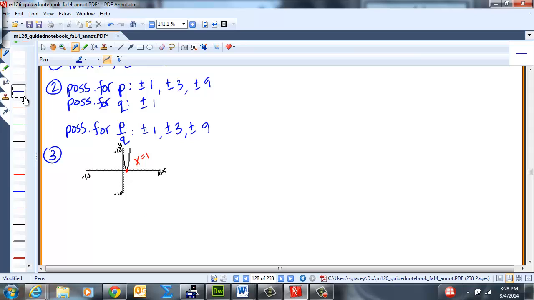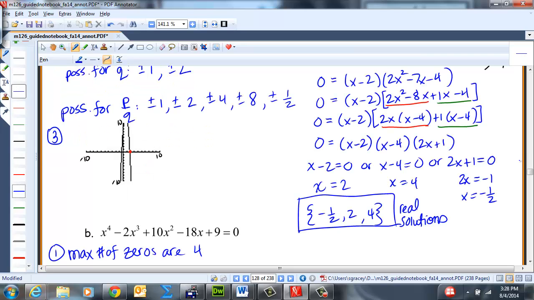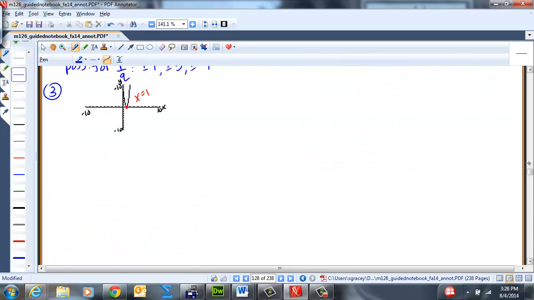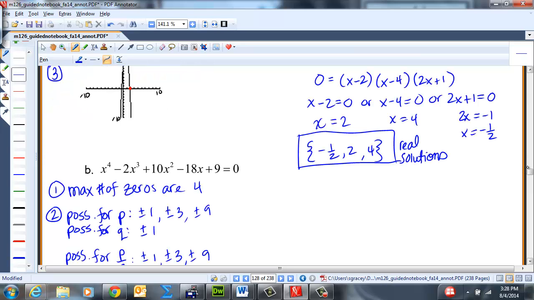So I'll come over to the side here. Oh, it's not cooperating with me today, huh? Here we are. So 1 goes in the box, then we've got 1, negative 2, 10, negative 18, and 9.